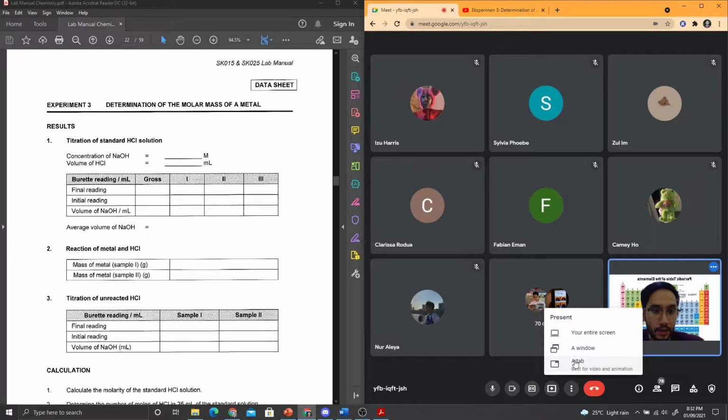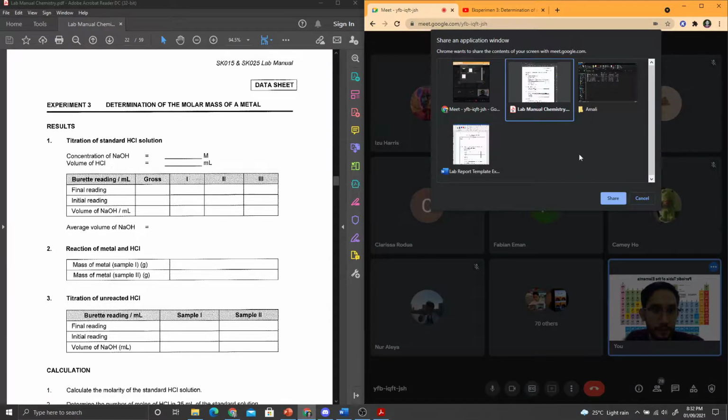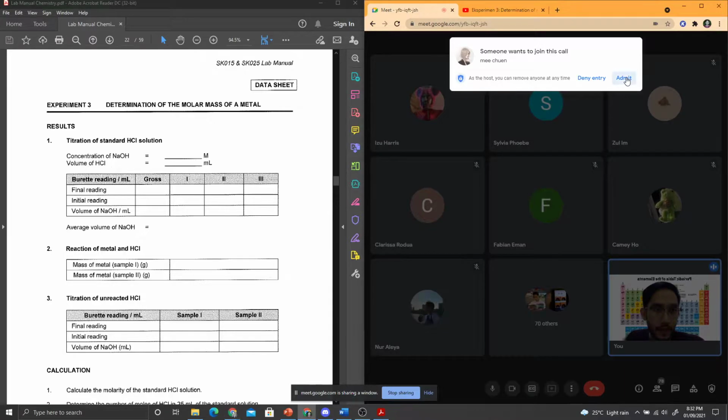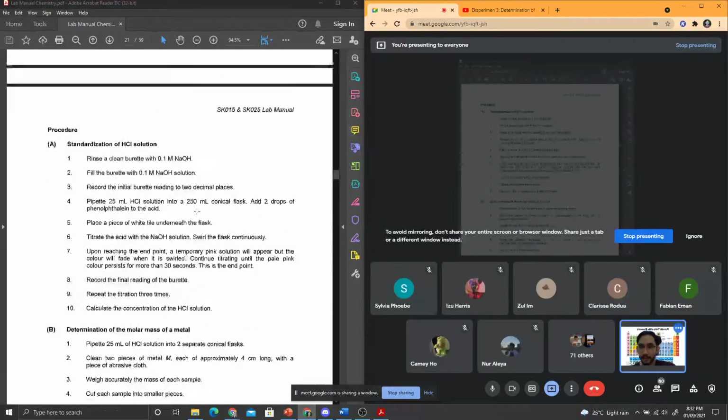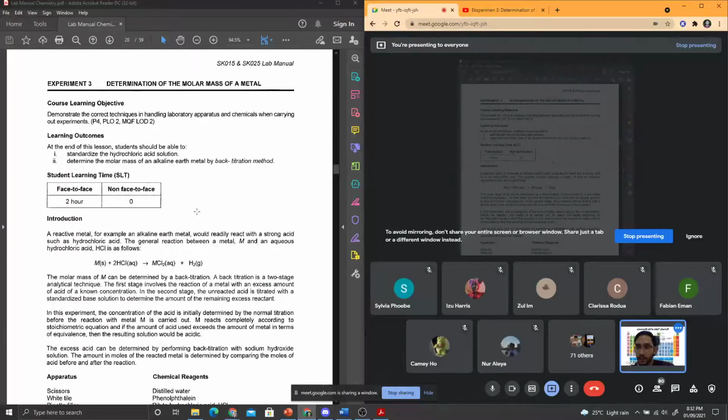Objektif is very easy. So korang tengok dari ni. Okay, korang tengok learning outcome.